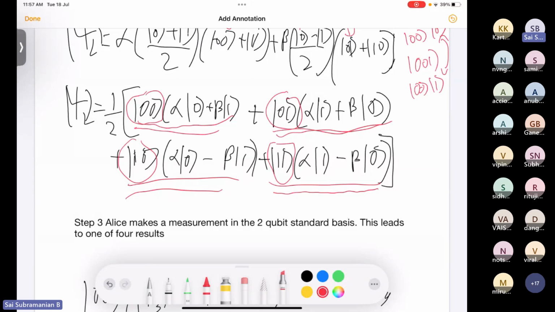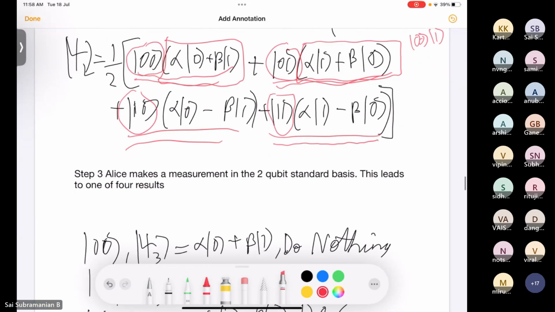It decomposes Bob's state to one of these 4 different states. Either it gives us, if the measurement is 00, Bob's qubit is now the access qubit. If the measurement is 01, Bob's qubit is a modified version of the access qubit. And so on and so forth, depending on which measurement it is, a modified version of the access qubit.